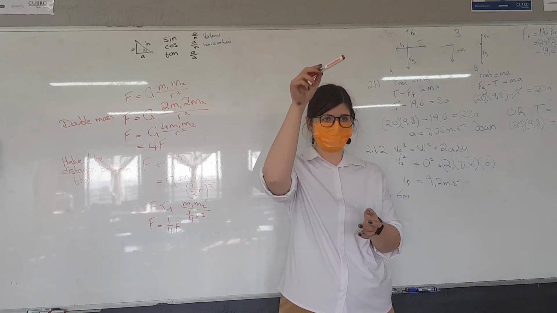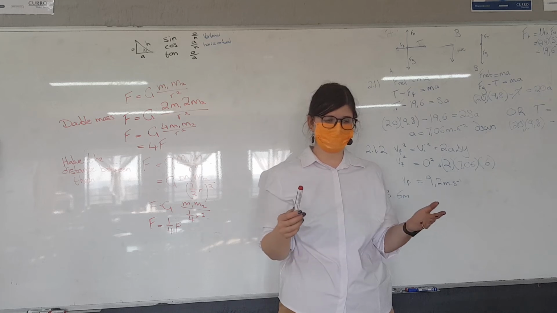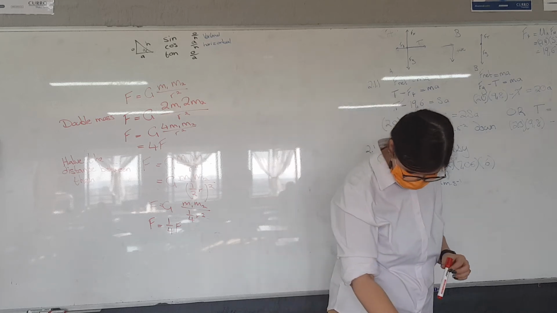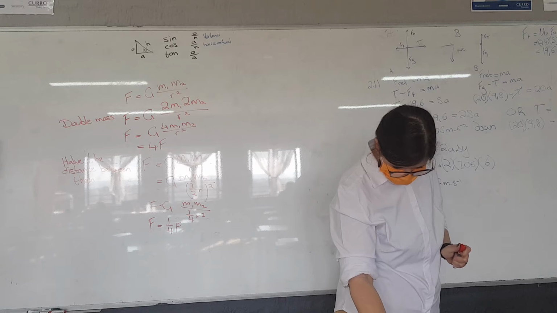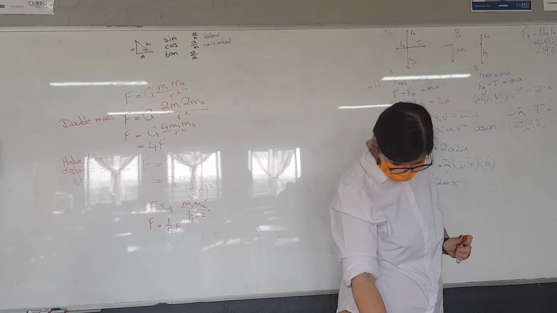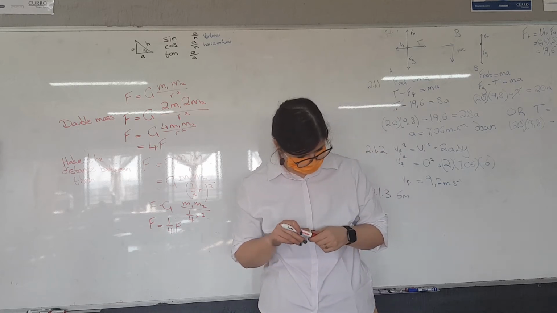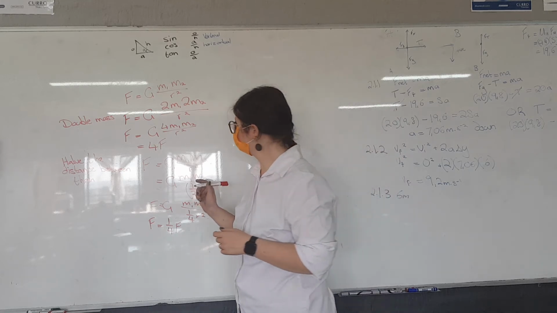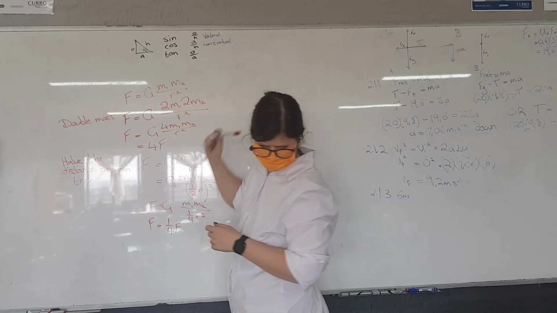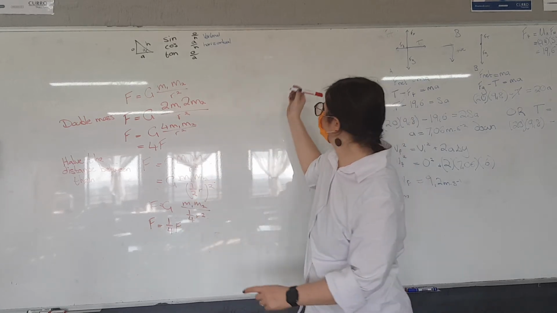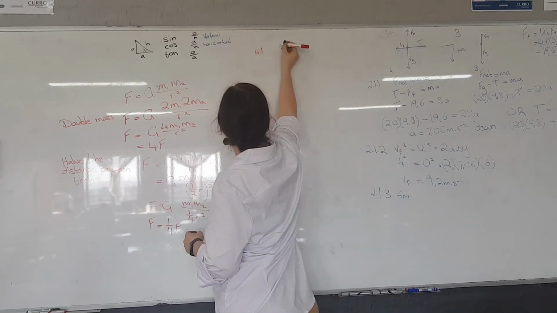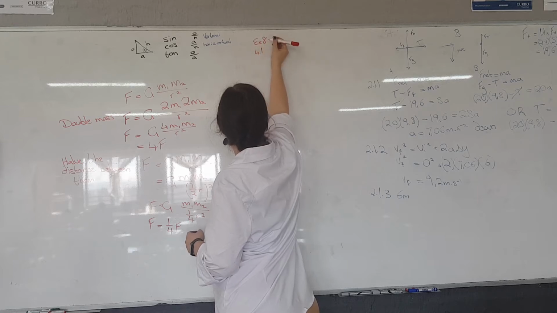Because it's moved up to the top and back down again to the bottom. So I have my initial velocity of 3.4. I have my delta x of 0. Okay? So now we're doing question 4.1, exercise 8. Fine.